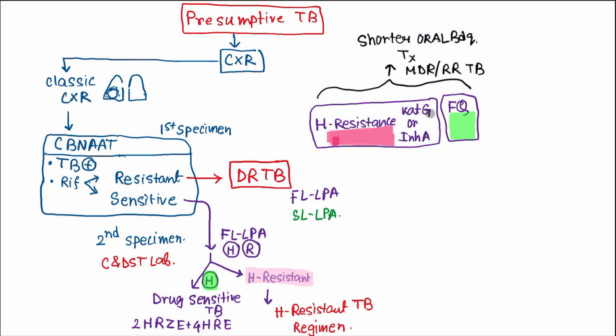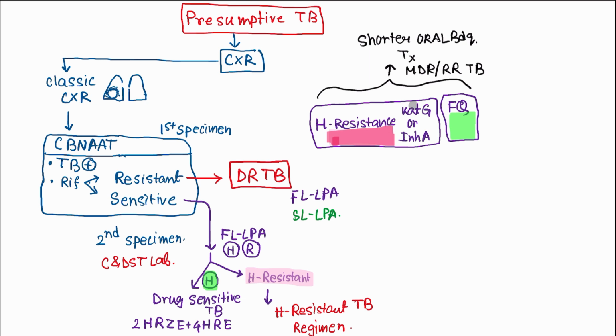Remember this, your TB bacteria contain multiple genes which are responsible for their resistance. So this katG as well as inhA gene are responsible for resistance to the isoniazid drug. So either katG or inhA is responsible for H resistance here, and at the same time the bacteria should be sensitive to fluoroquinolone.